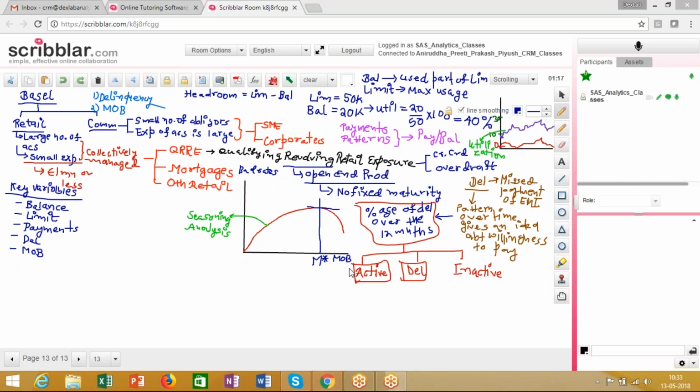So on an average, over the entire time period, what has been the overall bad rate for accounts which have month on books equal to 4, right?